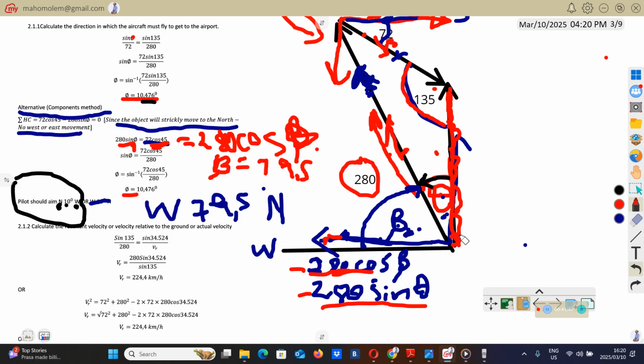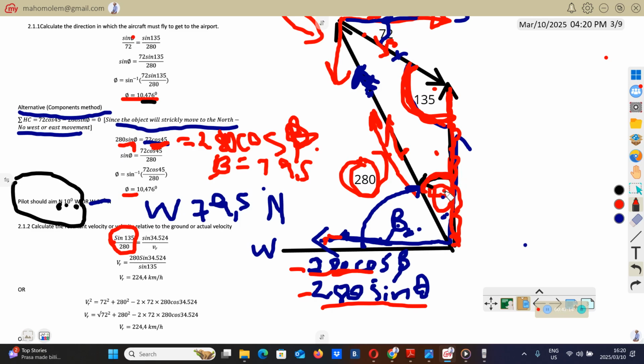So now how to get the speed? We can use the same thing. We can use sine rule again. We have enough information to use sine rule. From sine rule, you can say sine 135 equals to the opposite side, which is 280, equals to sine this angle.